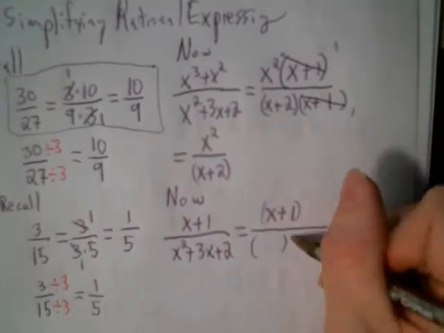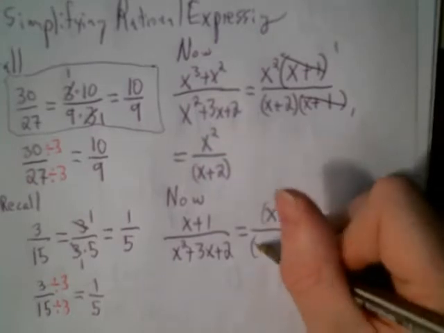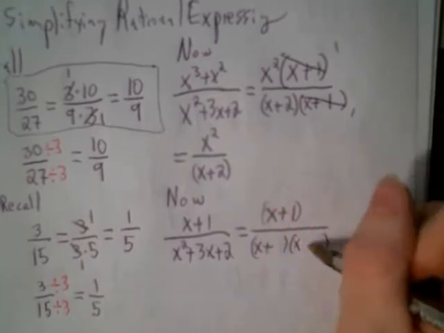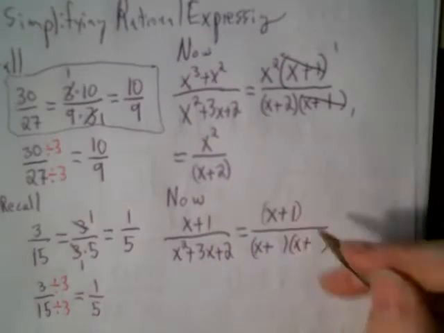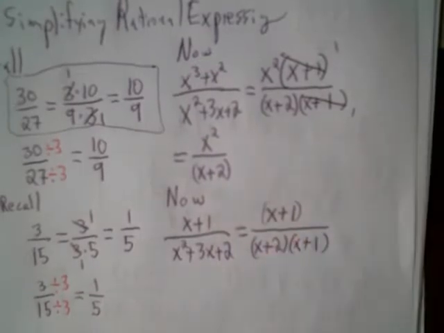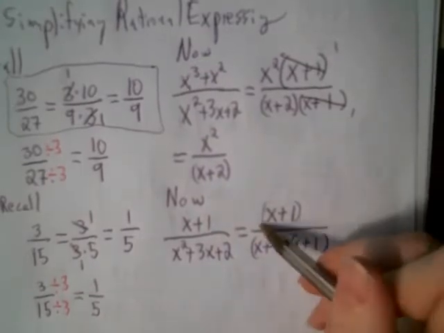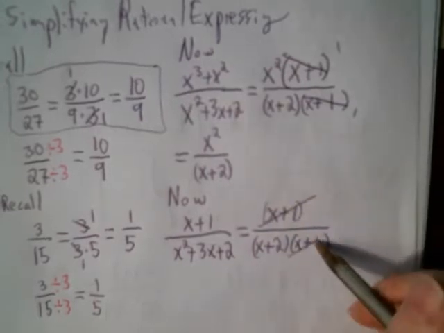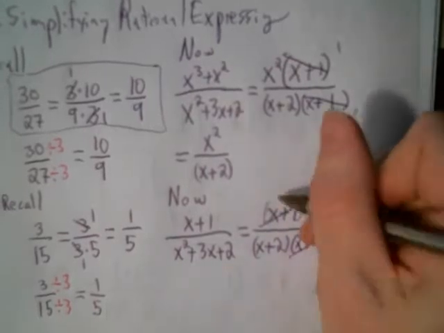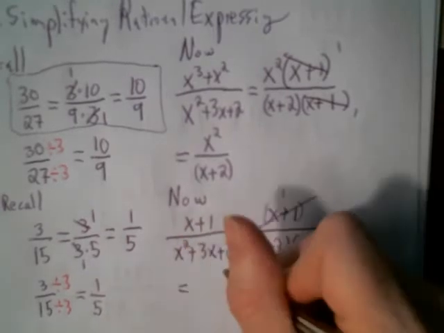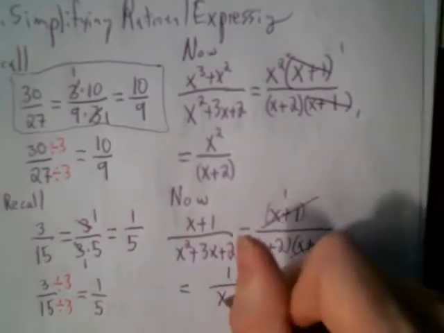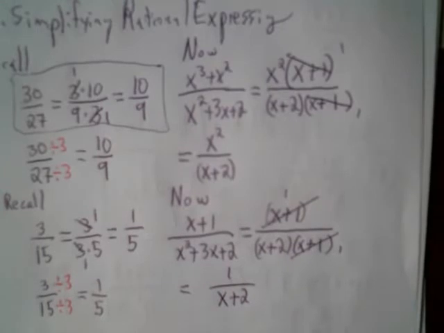Downstairs, I can factor that into 2 binomials. So I'll have x plus, plus. Oh, that's the same as before, right? So it'd just be 2 and 1. And then we have a common binomial on top and bottom of x plus 1. So I end up with 1 all over x plus 2 times 1, which is just x plus 2.